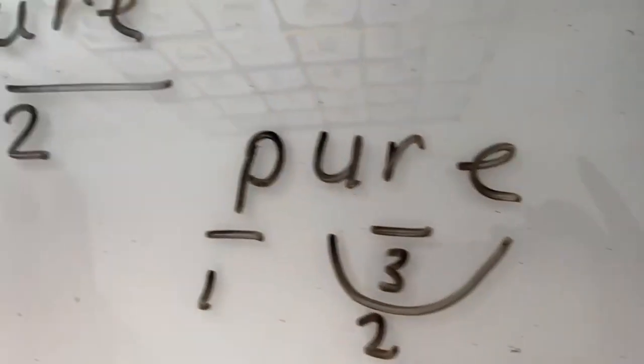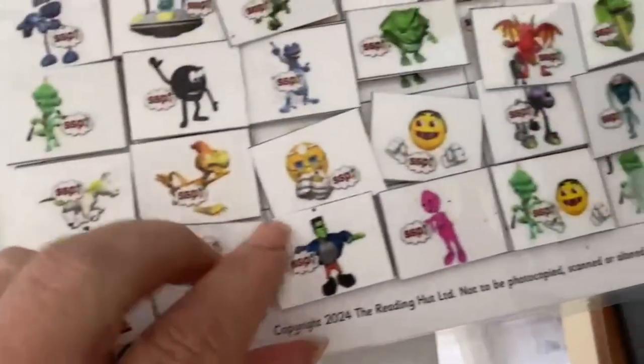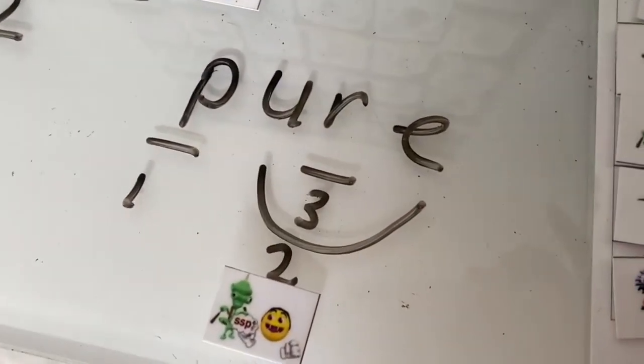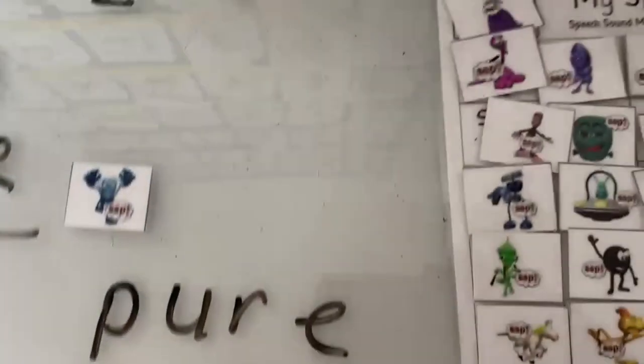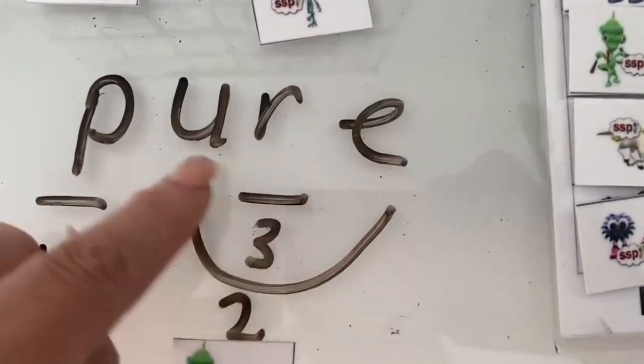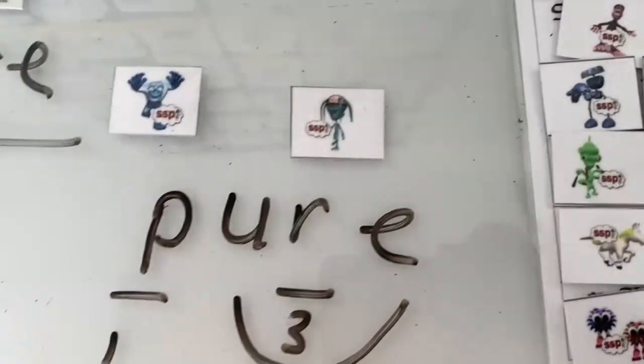You. Supposing it's P, you, where's my schwa? Supposing it's P, you, pure, and it's a split vowel digraph.